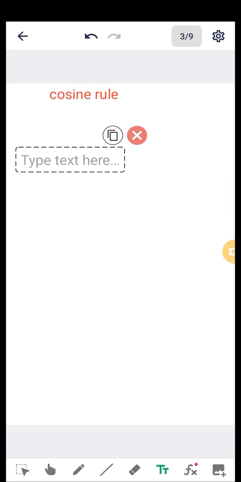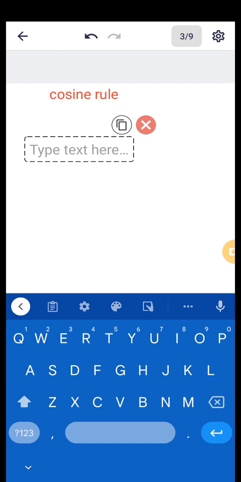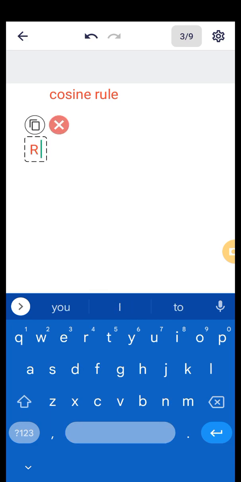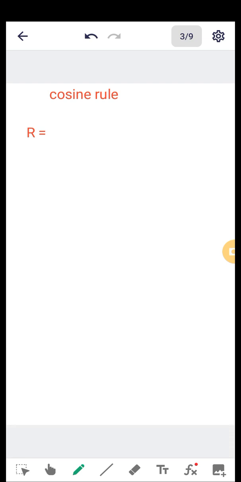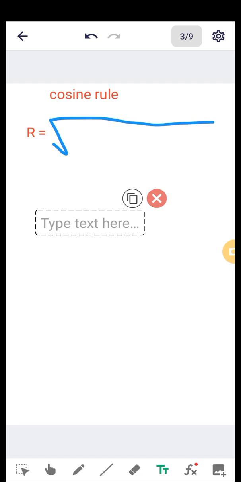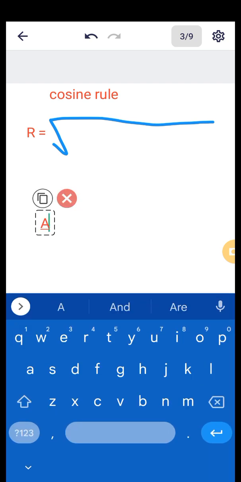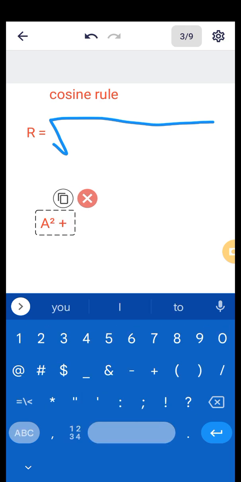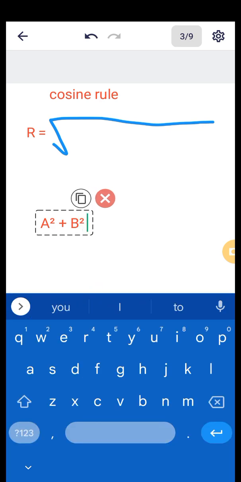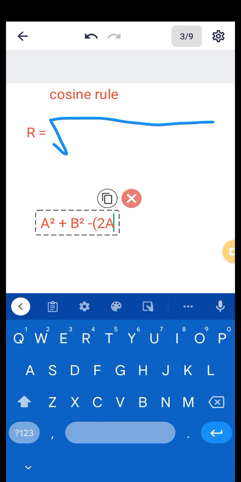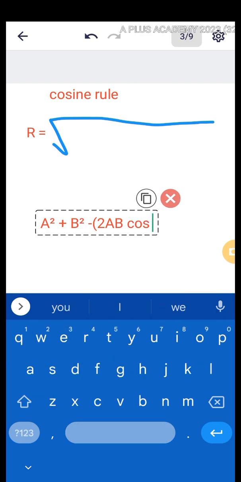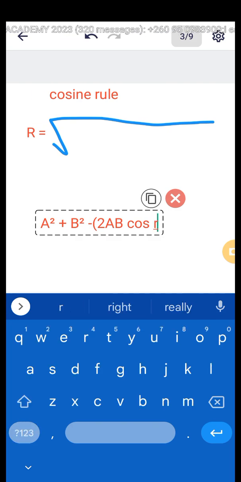From there we add the resultant, so we are looking for R. The formula is simply R equals the square root of A squared plus B squared, minus 2AB cos small letter r. Forgive me about my writing.